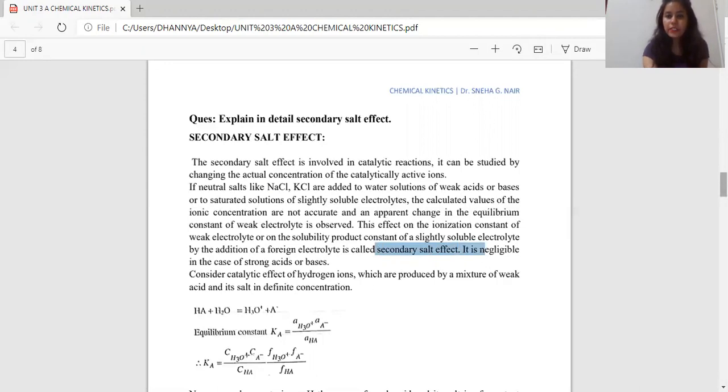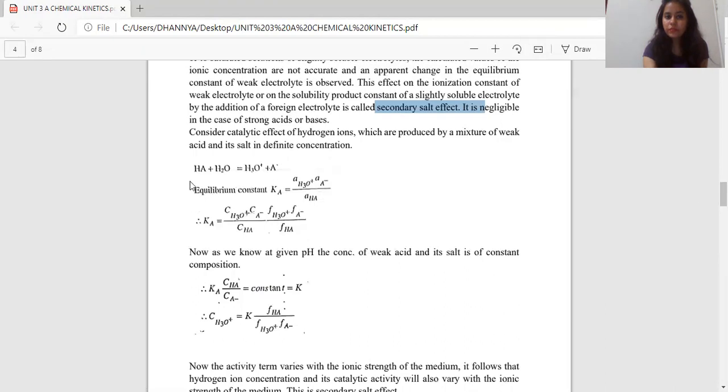It can be explained mathematically by taking HA, which is nothing but a weak acid. If I'm adding it in water, it results in the formation of hydronium ion, and A minus, the acid anion, is released. Now, hydronium ion, we have already stated, is a very unstable ion. So if I'm calculating the equilibrium constant, K will be considered as the activity of H3O plus into the activity of A minus upon the activity of HA.